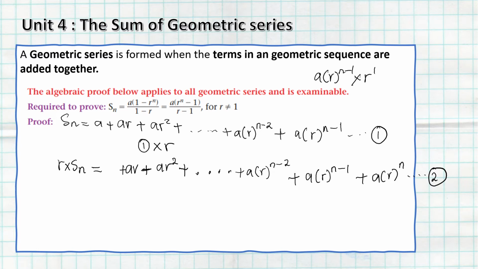When you subtract, it depends on which formula you want to prove. As we want to prove the first part, look at it. It says Sn equals A into 1 minus R exponent n, right? So check where your R exponent n is. Our R exponent n is in equation 2.